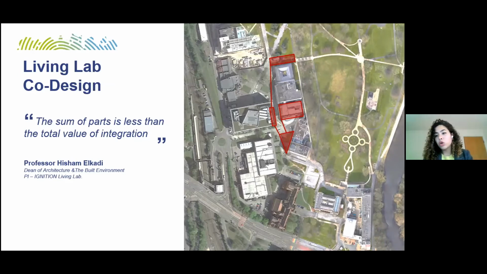And then we started looking at how this can be retrofitted on campus, and the design of the Living Lab has gone through a lot of iterations, as I mentioned. The main idea is making sure that the sum of all the parts is bigger than having separate items. If you have a green roof on its own, it will give you a certain amount of benefit.